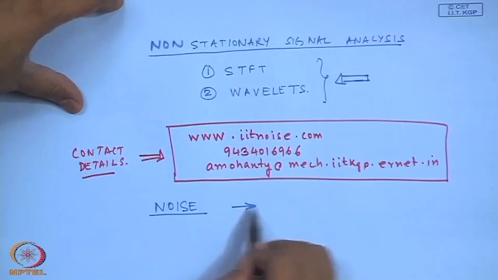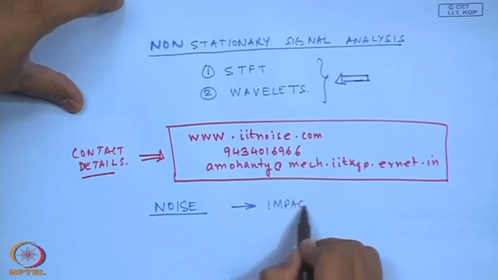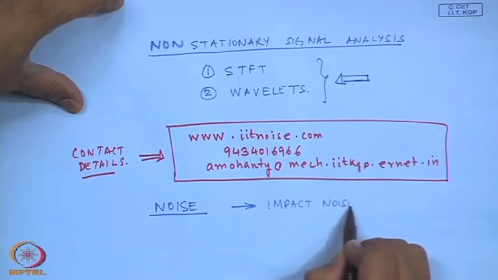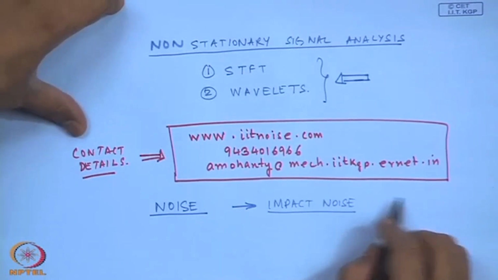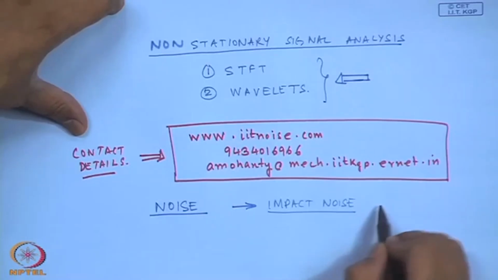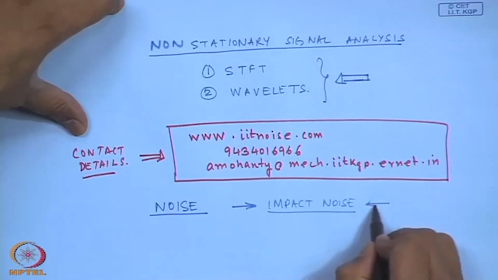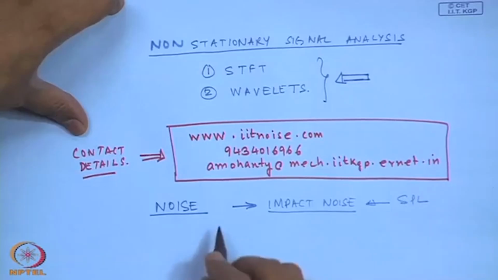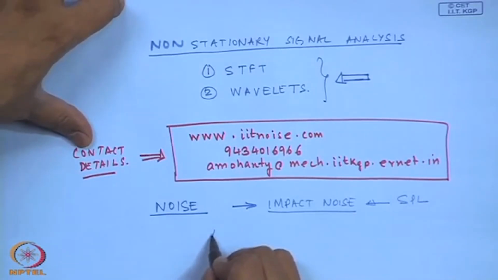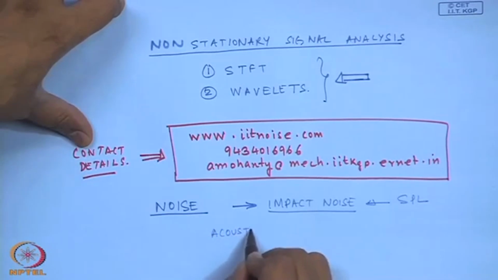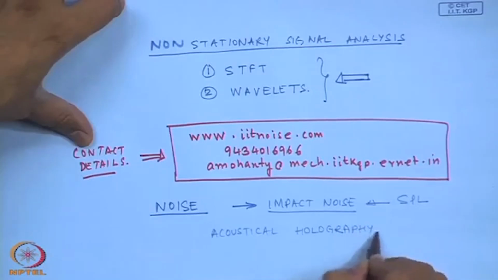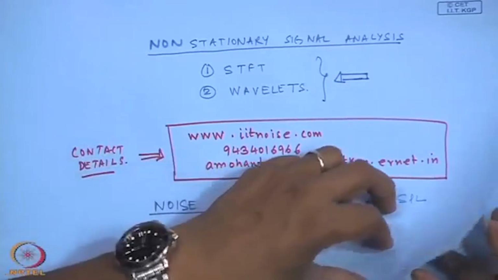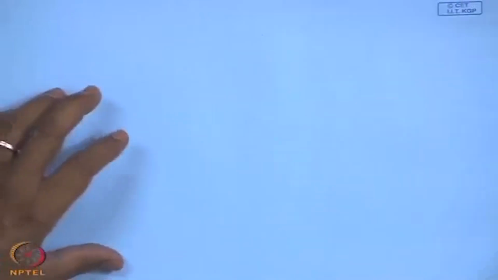So, there will be impact noise, okay, and this noise can again be captured by a certain process called SPL, but nowadays techniques of acoustical holography are available, by which the sound field can be detected.